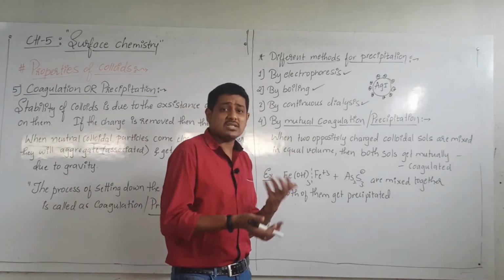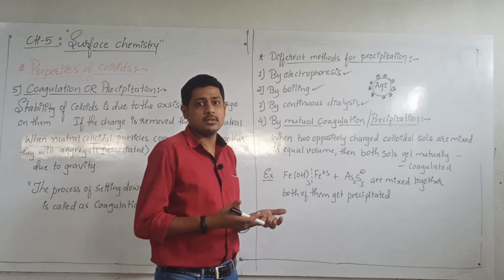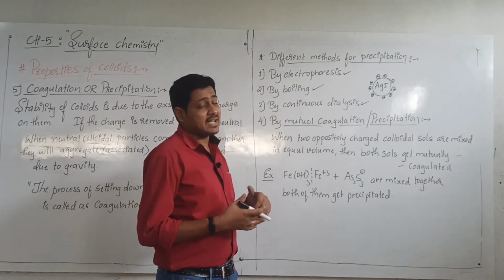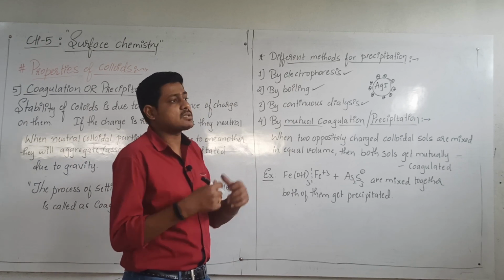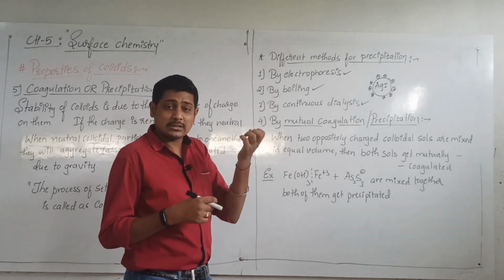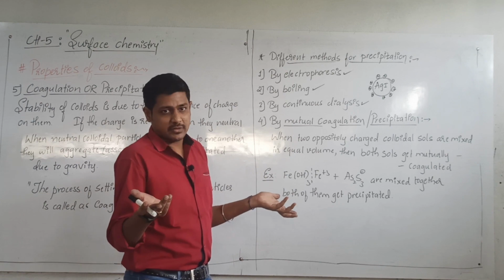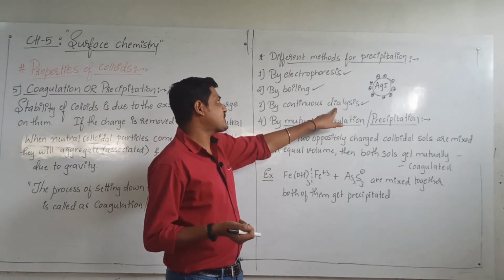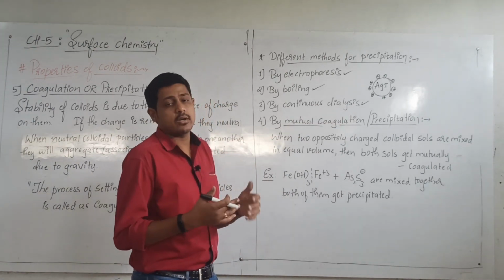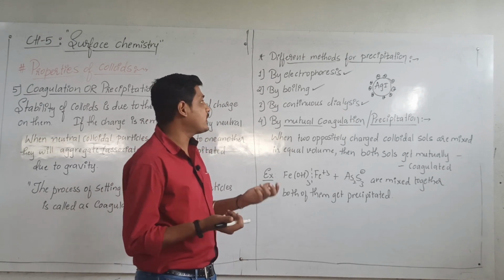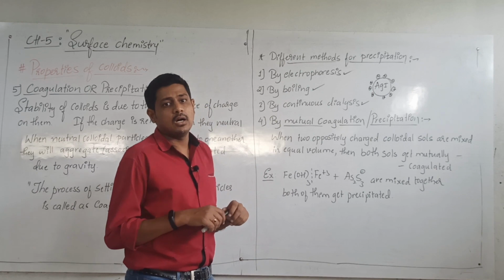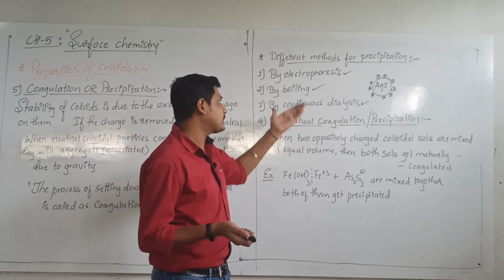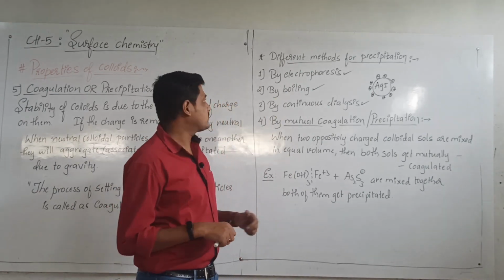If we do continuous dialysis, then what will happen? Whatever required amount of electrolyte is there will also be removed. So we have to do dialysis, but not too many times, and we don't have to do it continuously. If we do that, then the colloidal particles will lose their charge and they will get precipitated. Okay, so these are the three methods.